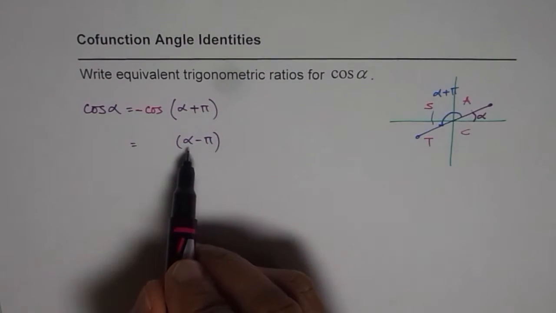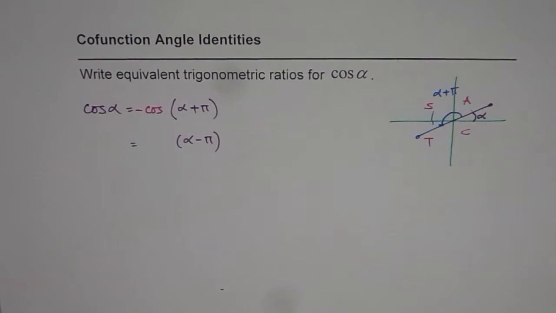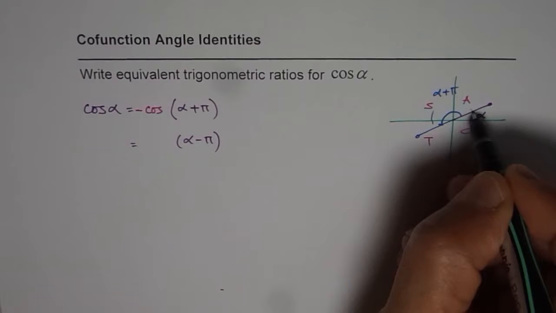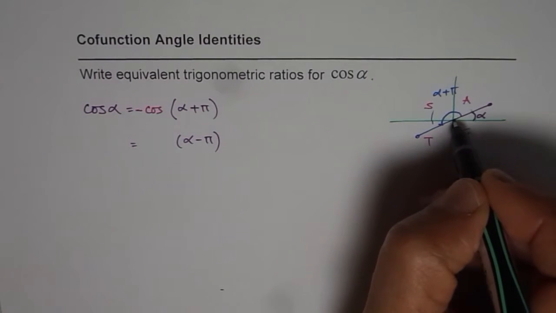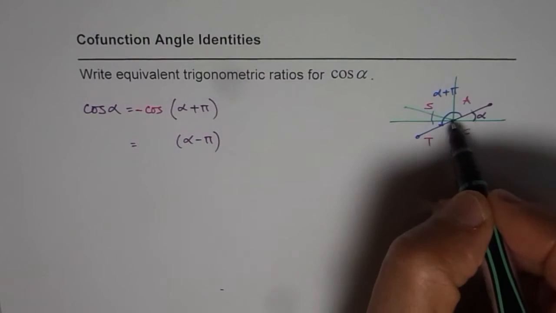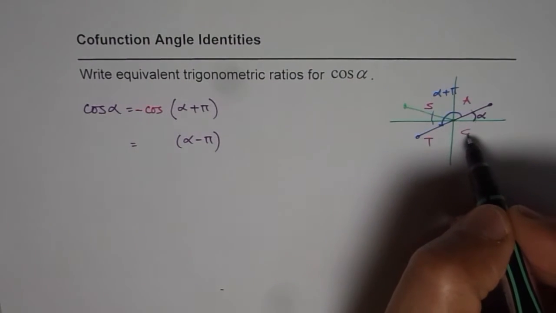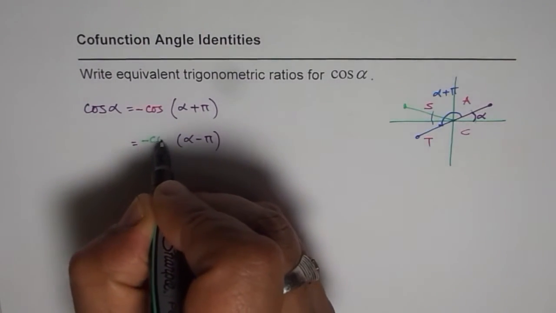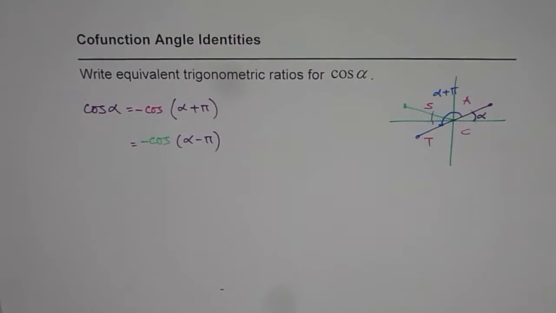Now let us consider the second position, which is alpha minus pi. In that case we are talking about the position here. In this position, cos is again negative, so here again it is going to be minus cos of alpha minus pi.